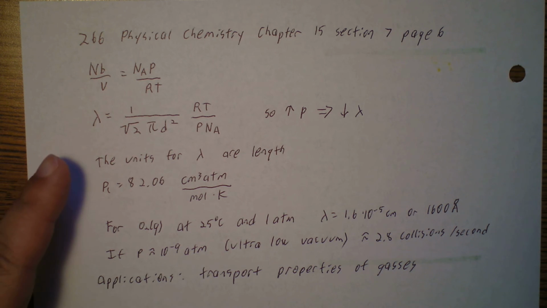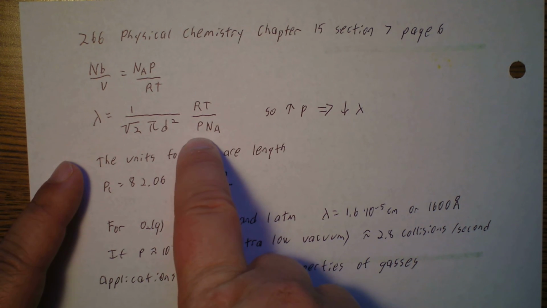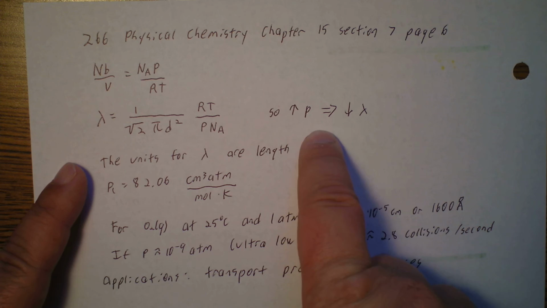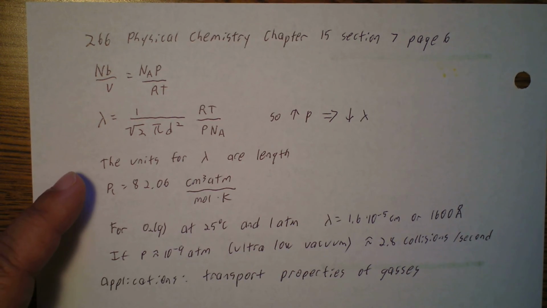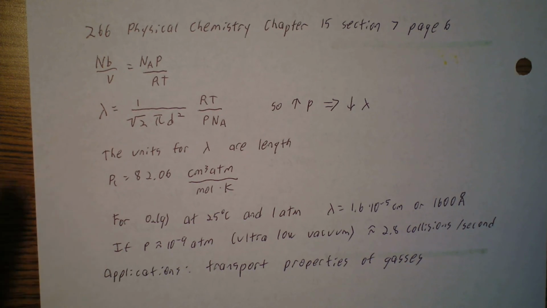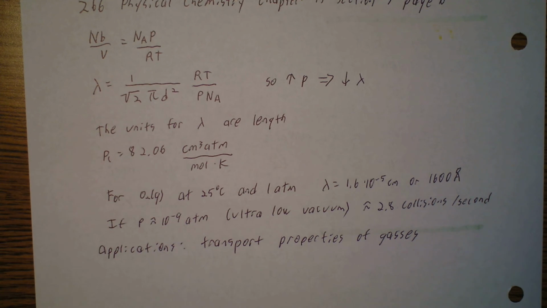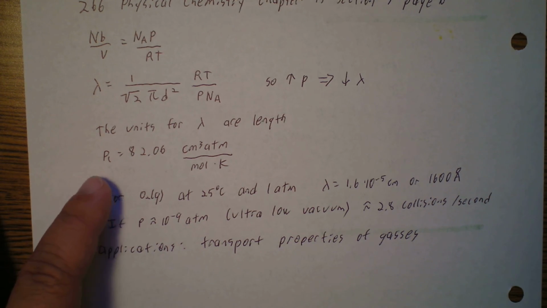So since pressure is on the bottom, what that should tell you is that as pressure increases, lambda is going to decrease, which should be obvious because if pressure is more, that means the molecules are closer together. They're going to collide more often. And of course the units for lambda are length because we're talking about a distance that a molecule travels before colliding, on average.